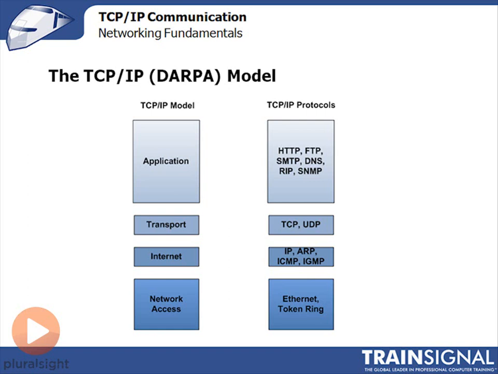Way up top at the application layer, we have protocols like HTTP, which we use for web browsing, FTP for file transfers, SMTP for email, DNS, RIP, SNMP, and there are many, many more. I'm not going to worry about defining each and every one of them.